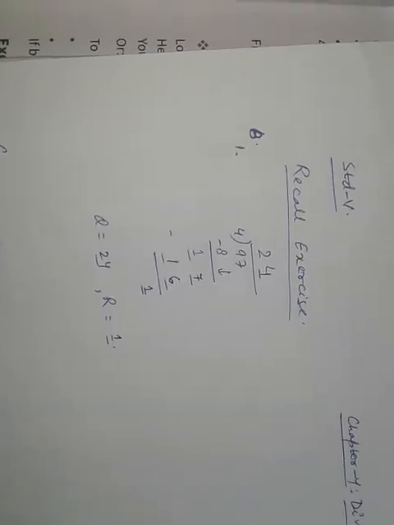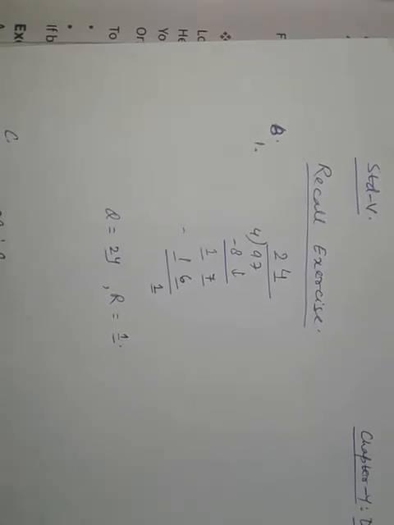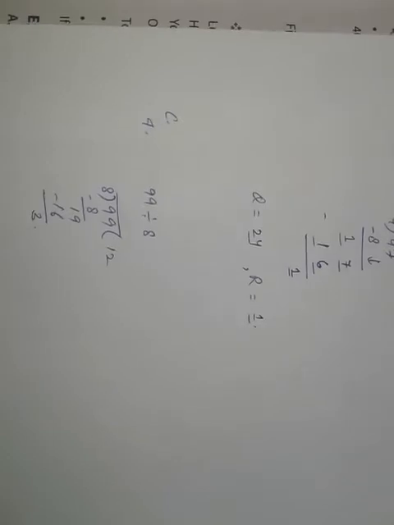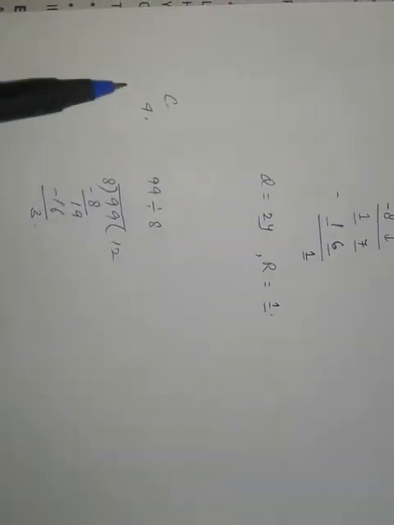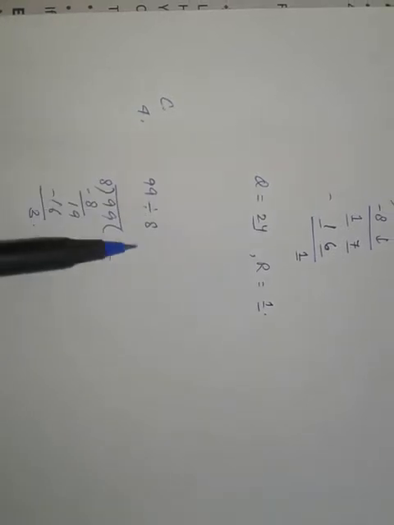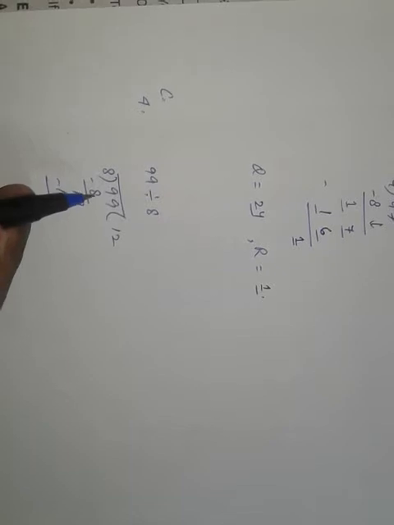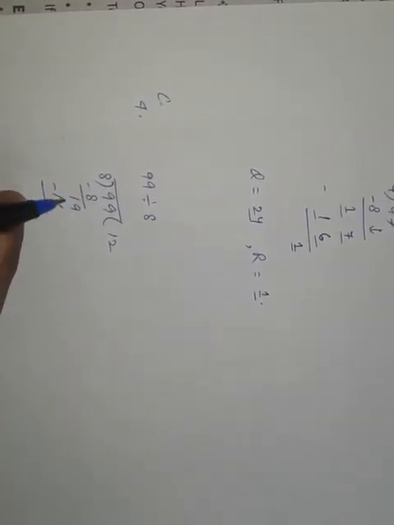So you have to solve questions 2 and 3 of part B by yourself, as I explained here. Now I explained part C to you. I have chosen the fourth question of C, that is 99 divided by 8. So 8 into 99, and we choose the number closest to 9, that is 8 only. What do we get here?